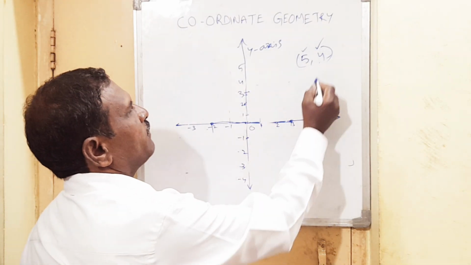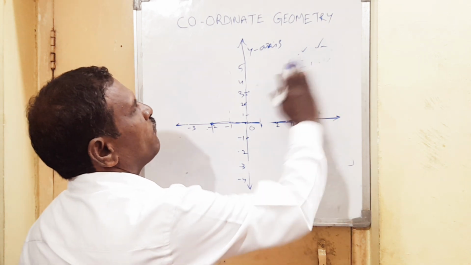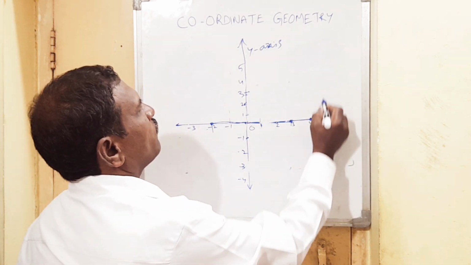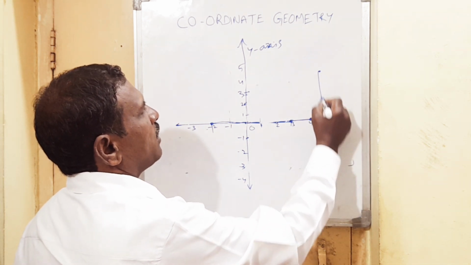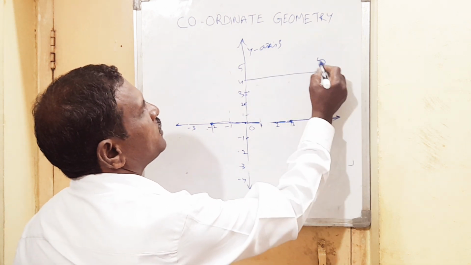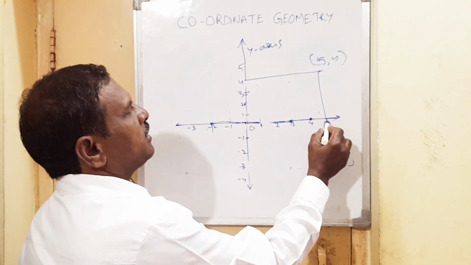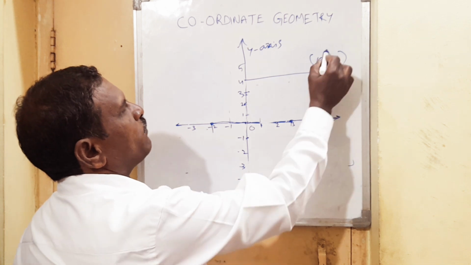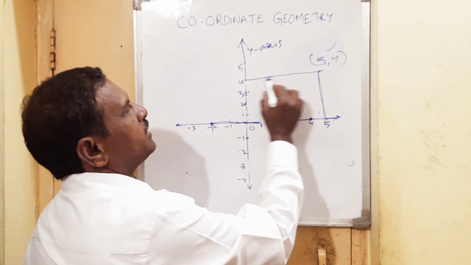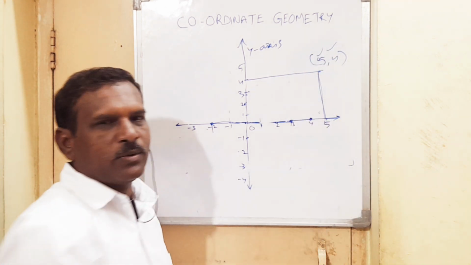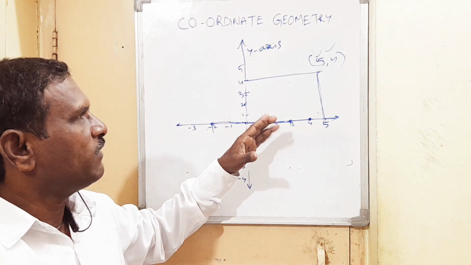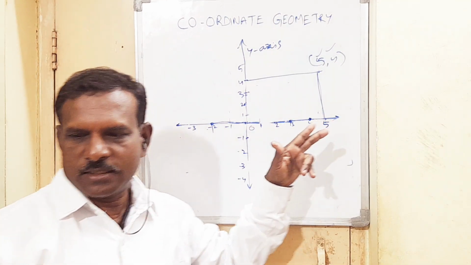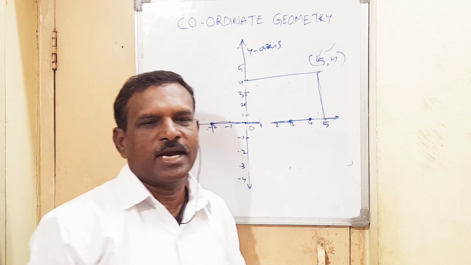The point will be somewhere here, this is 5 comma 4. If you draw, you can see the distance from x-axis will be 4 units, and the distance from y-axis will be 5 units. Like that, we can find the distance from x-axis and y-axis.